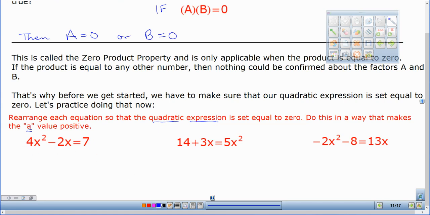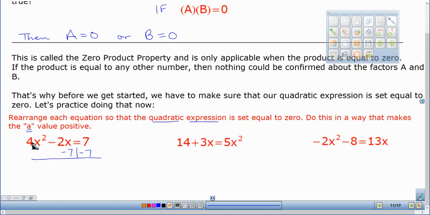Maybe we have to review that a little bit, but the A value is the leading coefficient. So it's like the 4 here. This is the quadratic. This is the linear term. It says equals 7. I don't want it to say equals 7. I want it to say equals 0. So what we're going to do is get rid of that 7. We're going to subtract 7 from both sides.